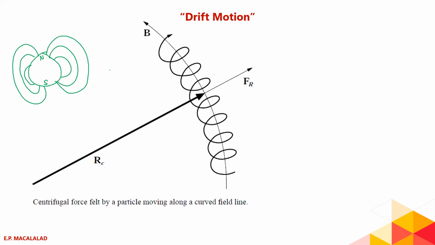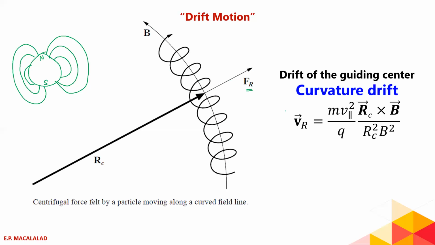Because of the curved motion, the gyro motion will still be there. But because of the curved magnetic field, there is an extra centrifugal force that is outward. And the net effect, I'm not going into the details of how this is done, but the point is that there is what we call a curvature drift.